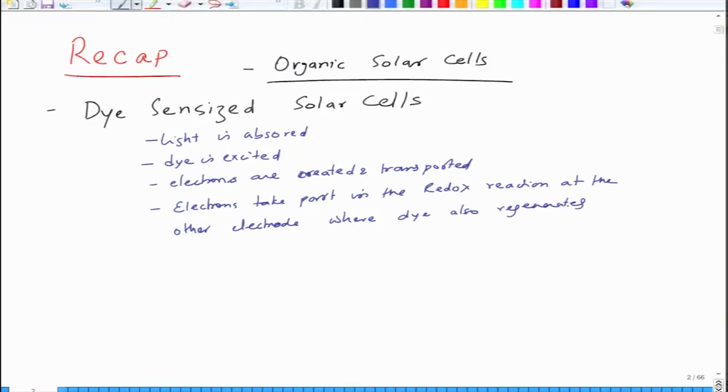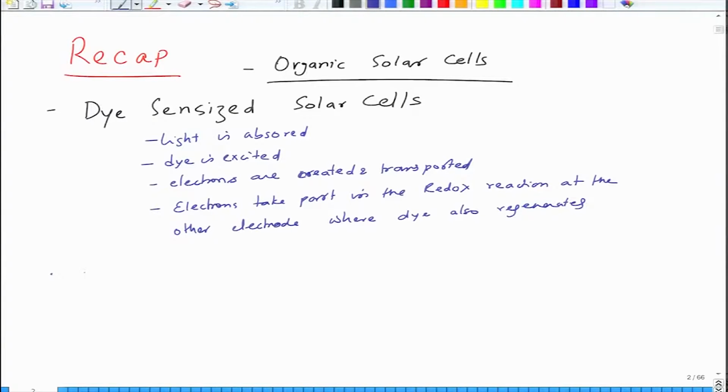The electrons which move through the circuit get absorbed in this redox process, and this redox process also leads to creation of iodine ions, which neutralize the excited dye to the regenerated dye. So, this is a simple process that happens in a dye sensitized solar cell.